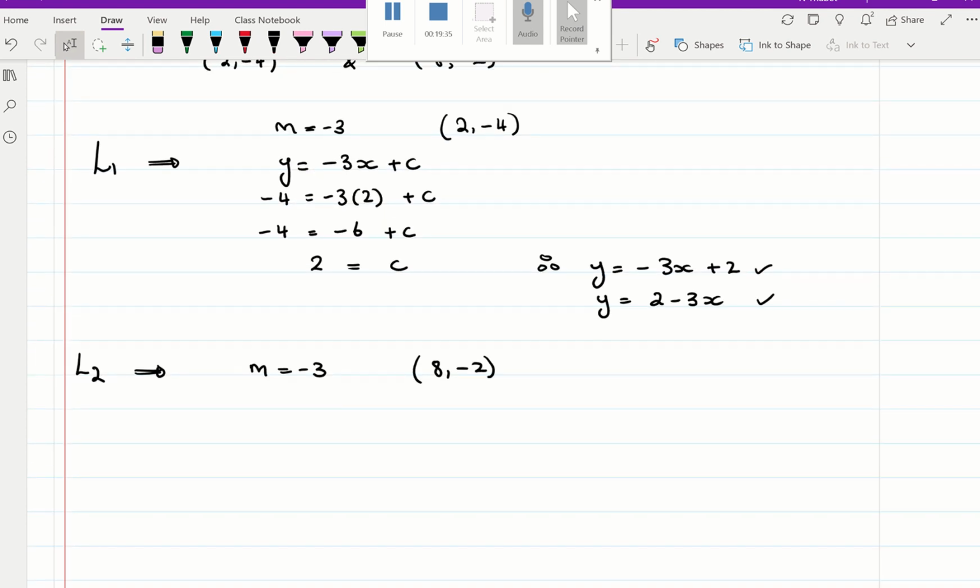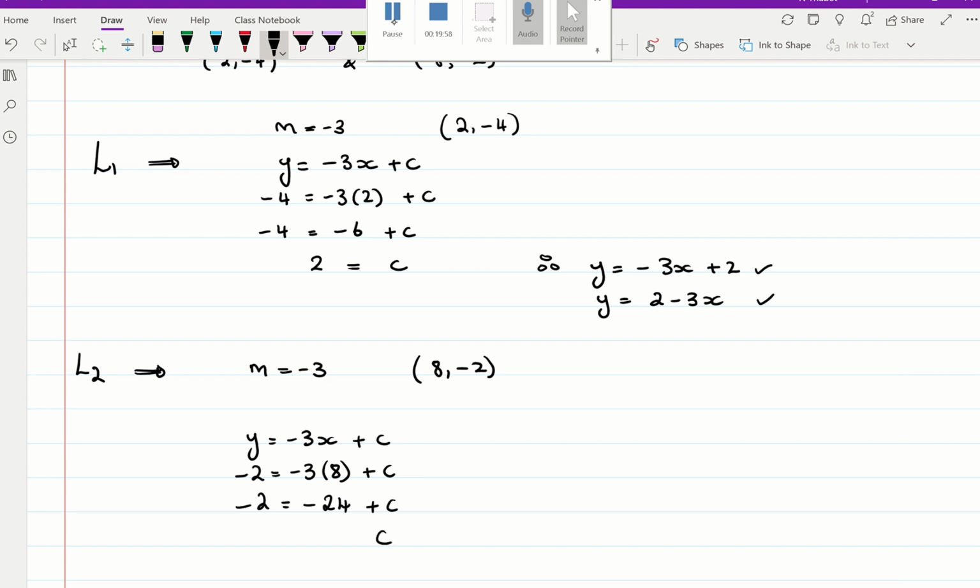And I've got y equals negative 3x plus c. Y is negative 2. This is negative 3 times 8 plus c. Negative 2 equals negative 24 plus c.